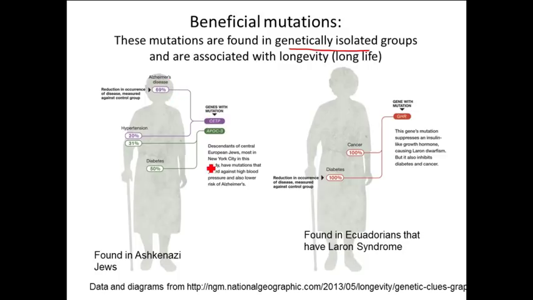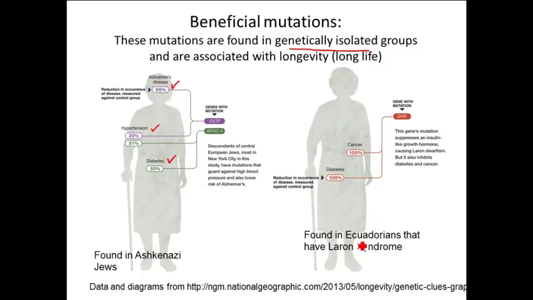Okay. So I'm just going to quickly go through this. So Ashkenazi Jews have, this percentage is compared to a control group, so people who are not in this isolated group of people. They have genetic mutations that can decrease the amount of Alzheimer's disease, hypertension, which is high blood pressure, and diabetes, so they have less incidence of this.